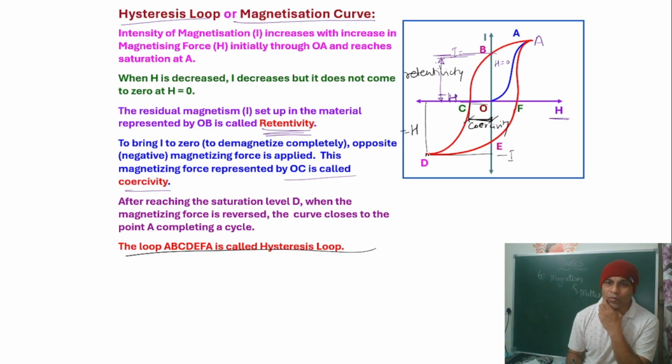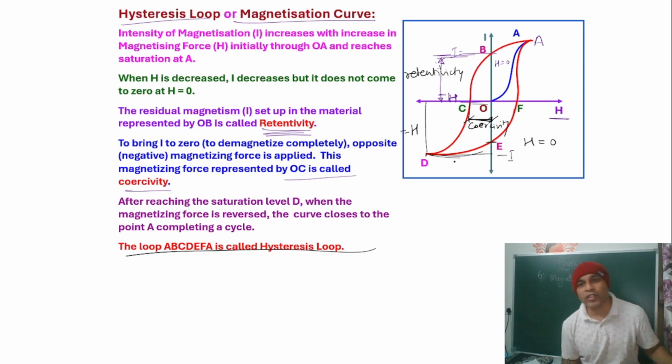Now from this point we have to increase both the intensity of magnetization and the magnetizing force, to reach H equal to 0 and then to make I 0.